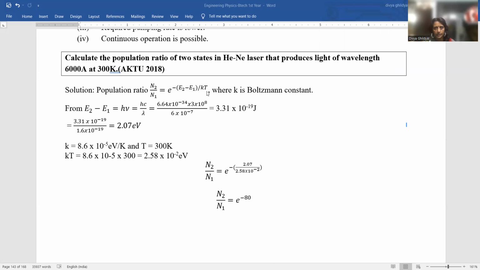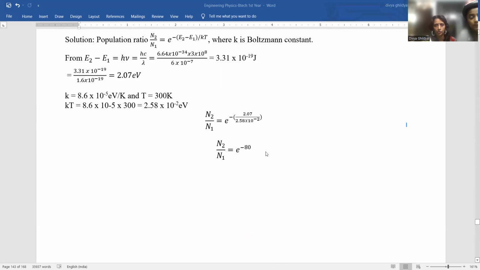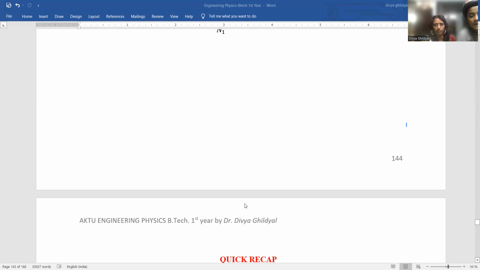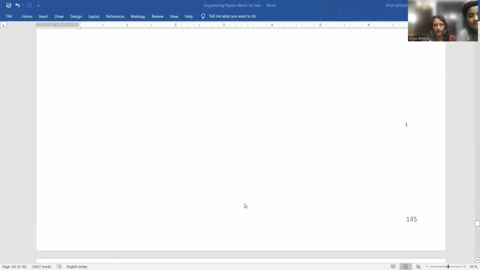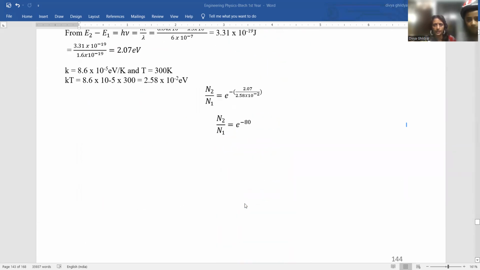We will put it here. We are left with K and T. K Boltzmann constant is 8.6 into 10 to the power of minus 5 electron volt per Kelvin. Temperature 300 Kelvin. Putting these values, we get N2 upon N1 equal to e to the power of minus 80.